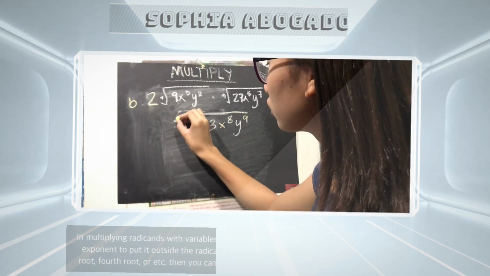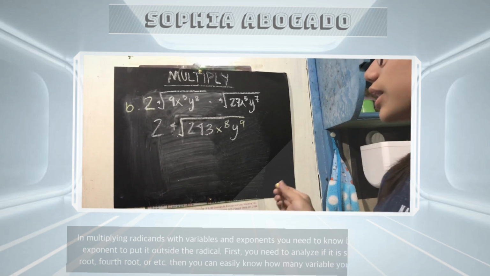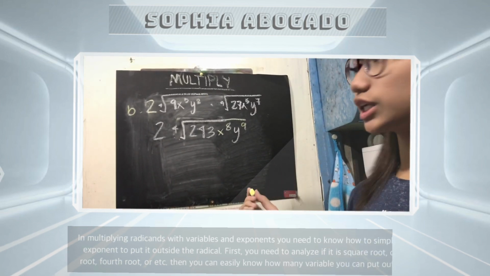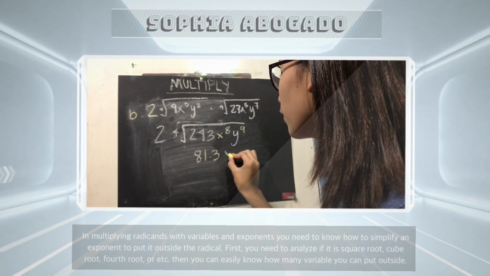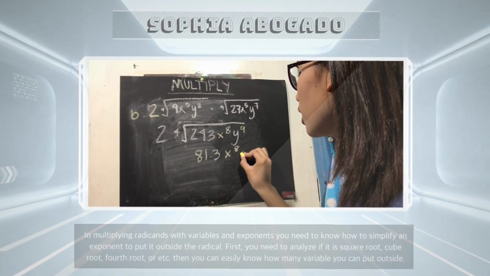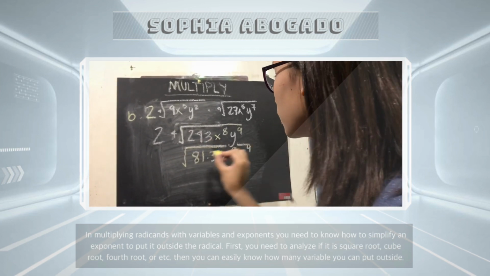Then the 4th root. Then copy the 2. Now, we need to get the greatest 4th root factor of 243, which is 81 times 3. Then, copy the variables, x raised to 8, y raised to 9, under the 4th root, then copy the 2.